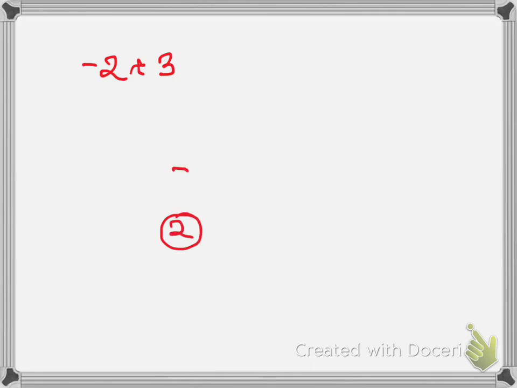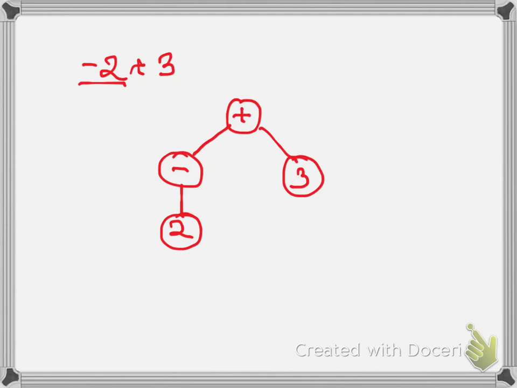Then minus 2 becomes, I call the unary function, and then I make this the root and add the child node. Then I have plus, what is the operand? The operand is whatever is here, and 3 here. So this is the syntax tree for representing this particular expression.